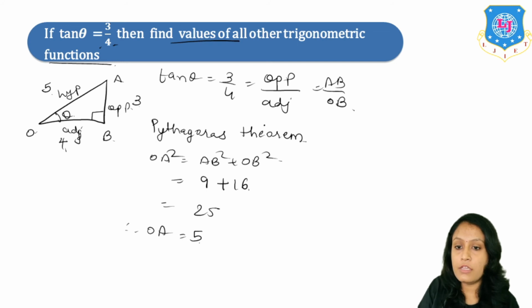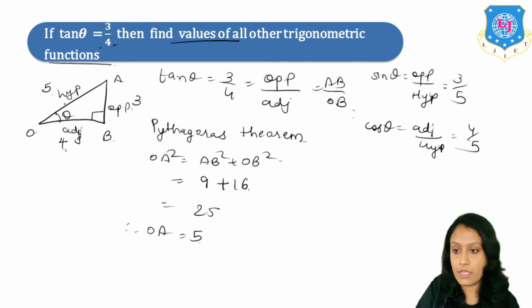Now we have all the values, so we can write the answer of all the trigonometry functions. Sine theta is opposite upon hypotenuse, so 3 upon 5. Then cos theta is adjacent upon hypotenuse, so this is 4 upon 5. Now tan theta is given to you.